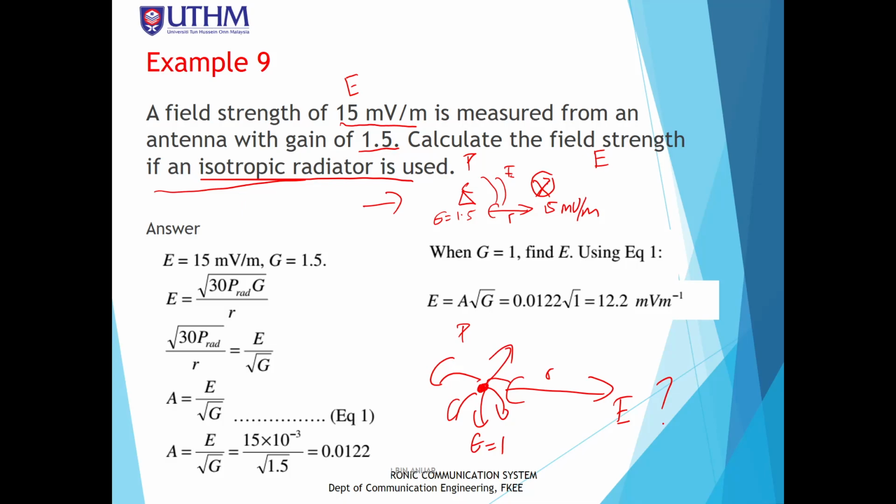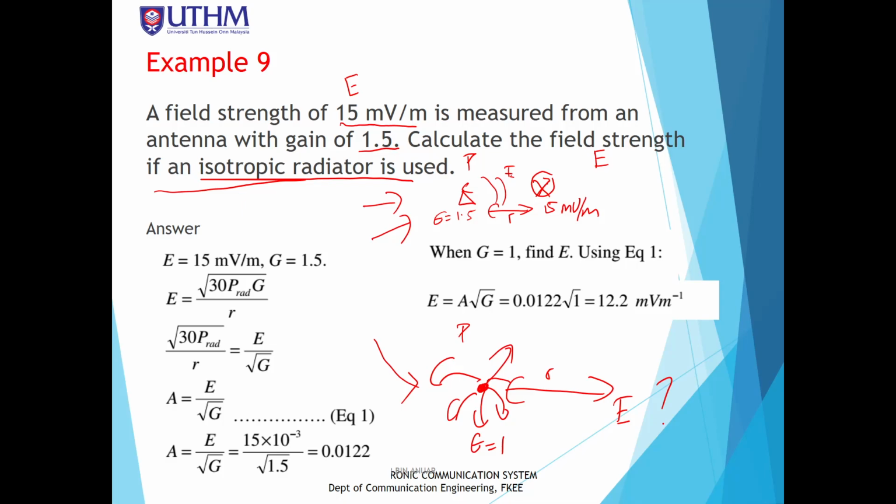So soalan ini sebenarnya bertanya seperti ini. Asalnya kita ada antena, real antenna. The antenna has a gain of 1.5, with a specific power. We don't know how much is the power. At a certain distance R, we measured that the E field is 15 millivolt per meter. Now, what if we change the antenna, kita tukar antenna itu, but the power is still the same?